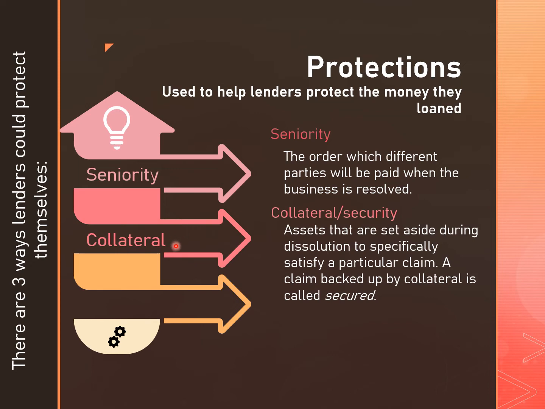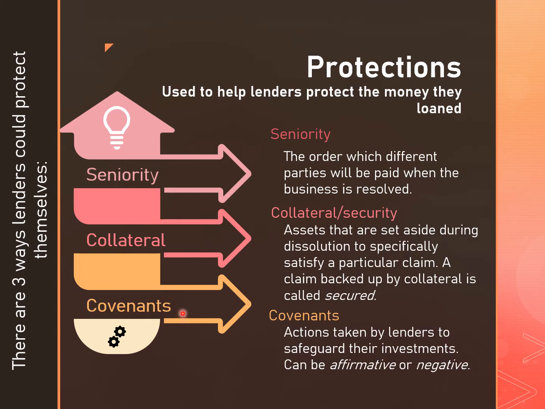Next adalah collateral. Collateral adalah aset yang kita set aside during dissolution to specifically satisfy a particular claim. So a claim backed up by collateral is called secured. Collateral ni adalah cagaran. Okay, bila you nak pinjam duit, biasanya orang akan ada minta cagaran. So that adalah one of the protection.